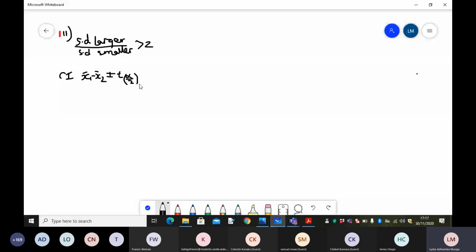And then, you know, the variances are not equal. They are not equal. So the square root of s1 squared over n1 plus s2 squared over n2.